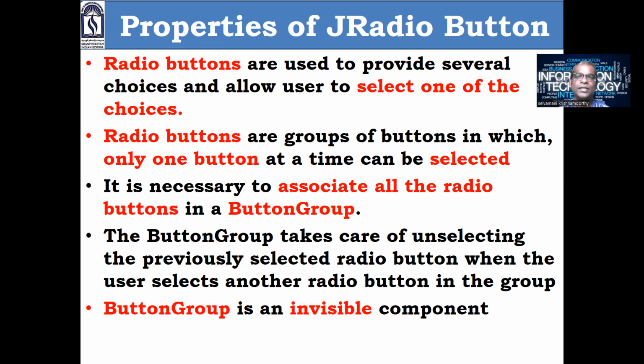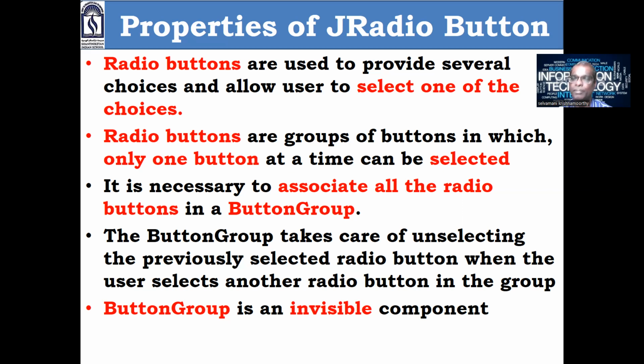So it is necessary to associate all radio buttons in a button group. In this example, we need two button groups. The button group takes care of unselecting the previously selected radio button. We have button group 1 containing male and female.